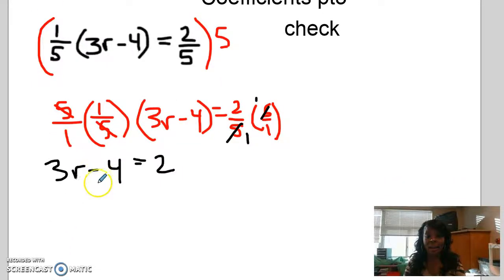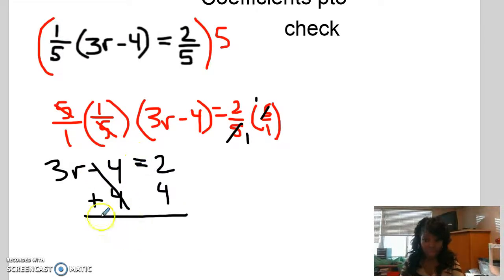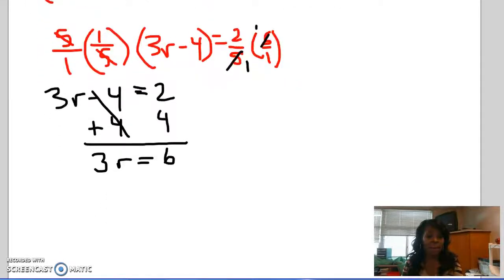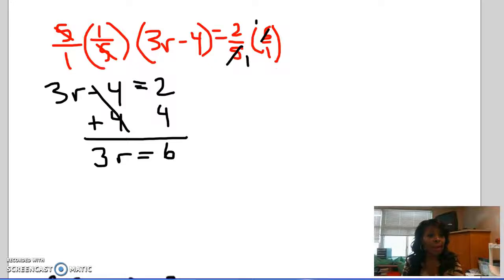So we have 3 r's that are reduced by 4. So let's add the 4 back in. And remember, what we do on one side, we have to do on the other side of the equal sign. It's a scale. And so now we have 3 r's is equal to 6. And our goal in algebra is to understand what is the actual value of our variable. So if we have 3 r's, our 6, what is 1 r?